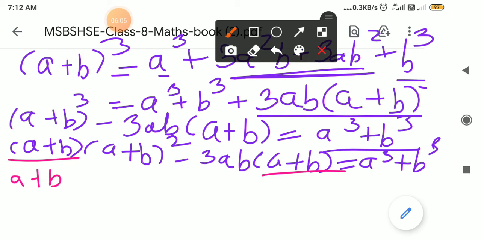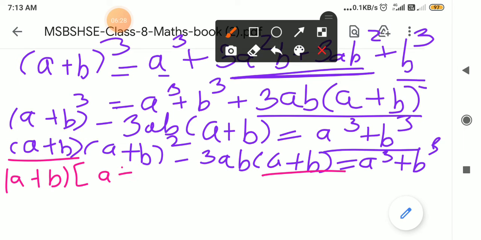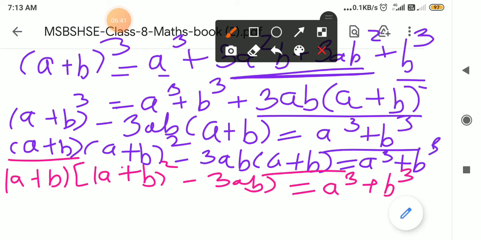What remains here? From both terms we take out (a plus b), so (a plus b) common comes outside. Here remains (a plus b) square minus 3ab, and (a plus b) goes outside, and this is equal to a cube plus b cube. Clear?